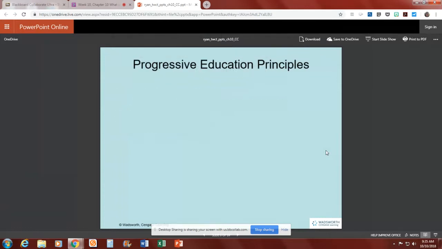Okay, some progressive education principles. In our last chapter, we looked at John Dewey's idea of progressive education. And in this chapter, if you look on page 314, it talks about the Progressive Education Association. And we see these seven pieces.